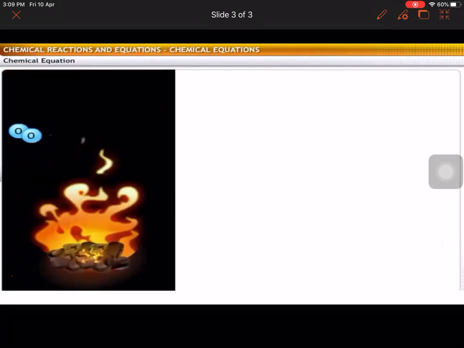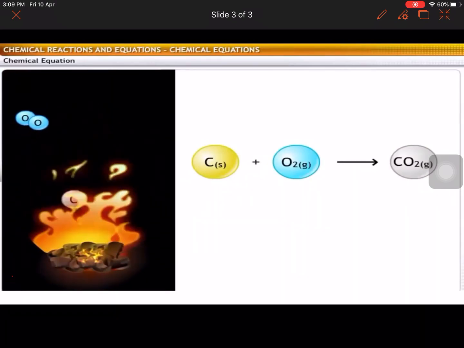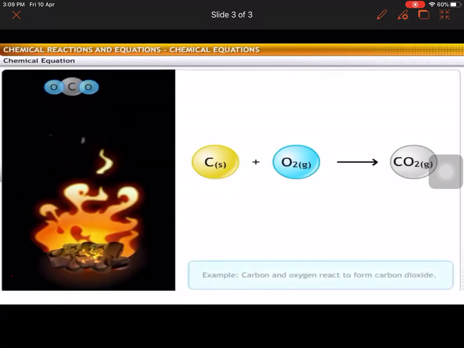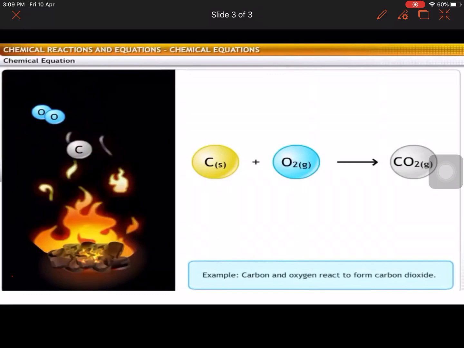Let's take another example that involves two substances. In the burning of coal, carbon reacts with oxygen. Burning of coal means what? Coal means a carbon compound.